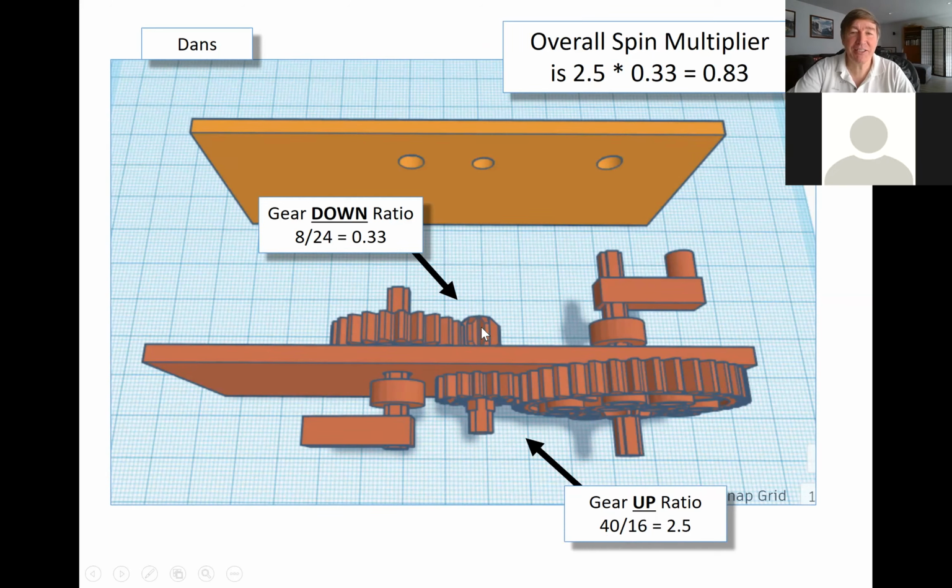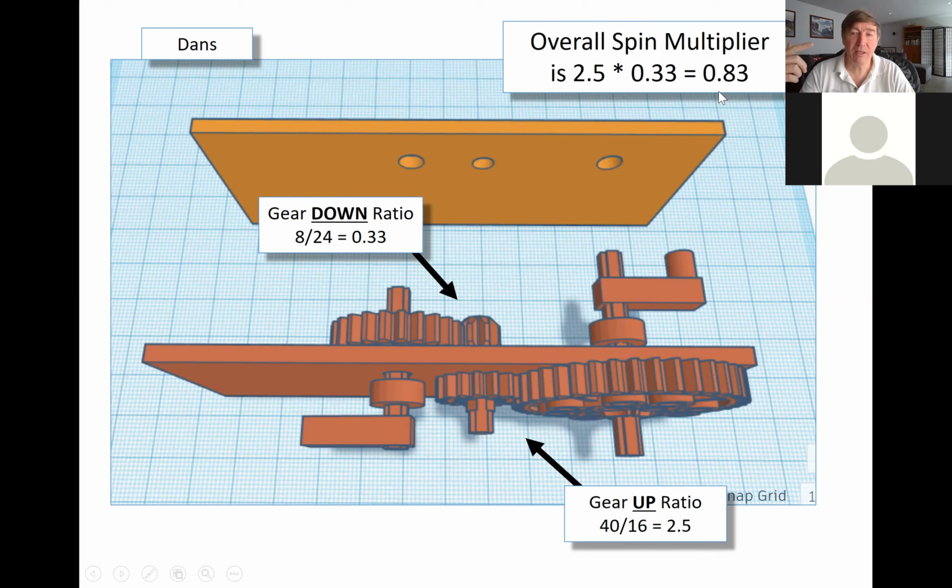But then, interestingly enough, on his second set of gears, he paired a small gear with a big one that gave him a gear down ratio, which is kind of interesting. So he geared up the first ones and then geared down on the second ones, which I never said you couldn't do. And in fact, a lot of you did that. So using the exact same gears that Ryan did, he got a very, very different overall spin multiplier.